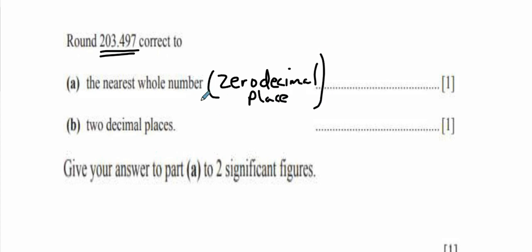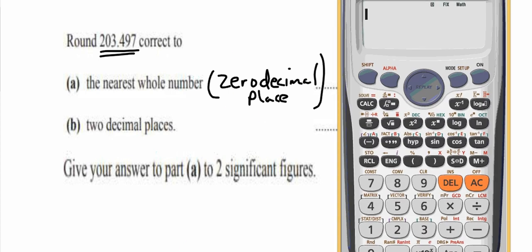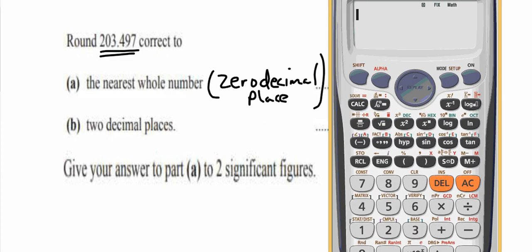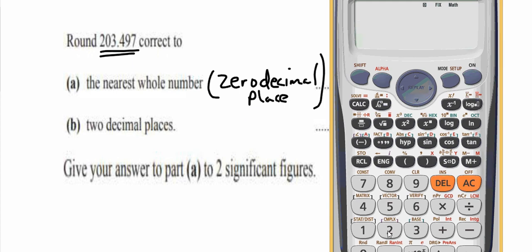So if I need to remain with 0 decimal places using a calculator, I take my calculator and type my number, 203.497.